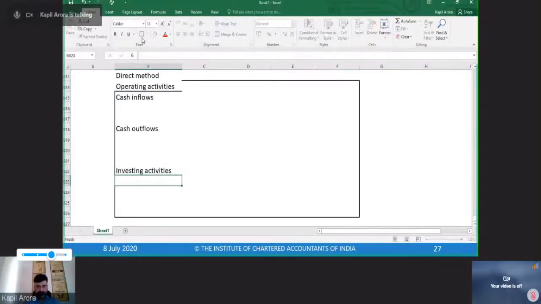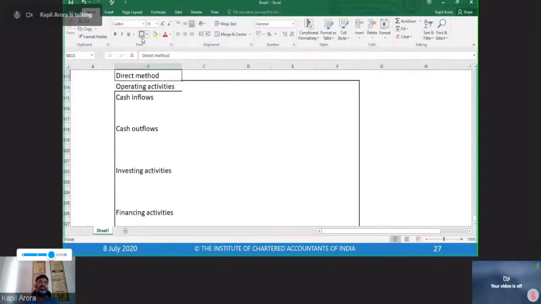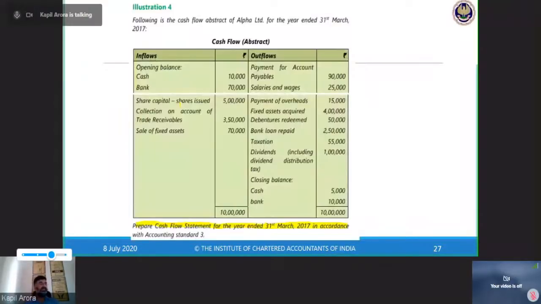Then we have financing activities. Okay. So operating, investing, and financing. So let's see which one will go where.